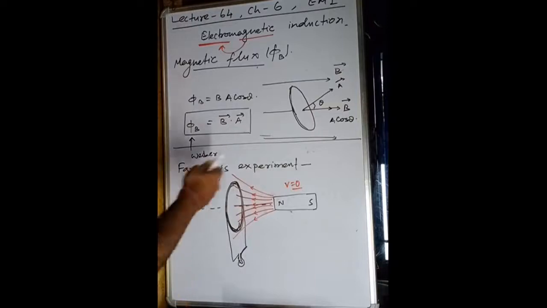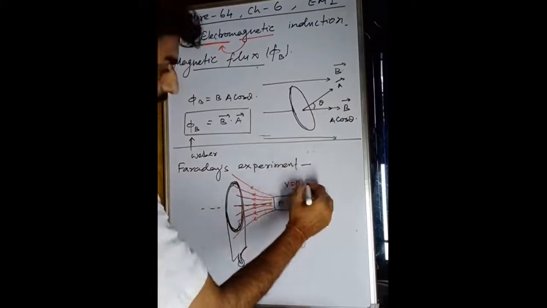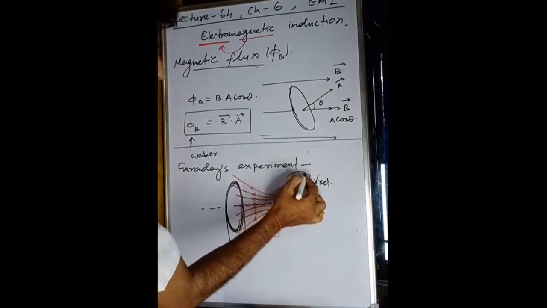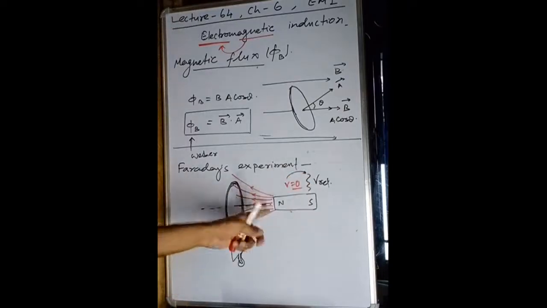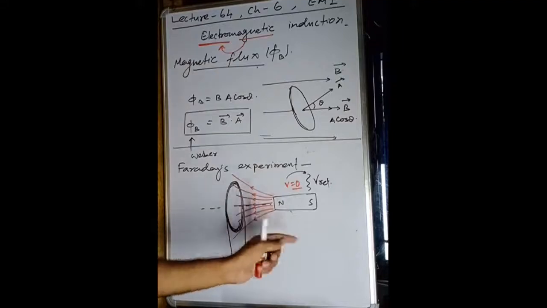So according to Faraday, he did the experiment, and what he observed is that if this coil is in a static state, this magnet and this coil, the relative velocity, remember this is V relative, the relative velocity is 0. It means neither this magnet nor this coil is moving.